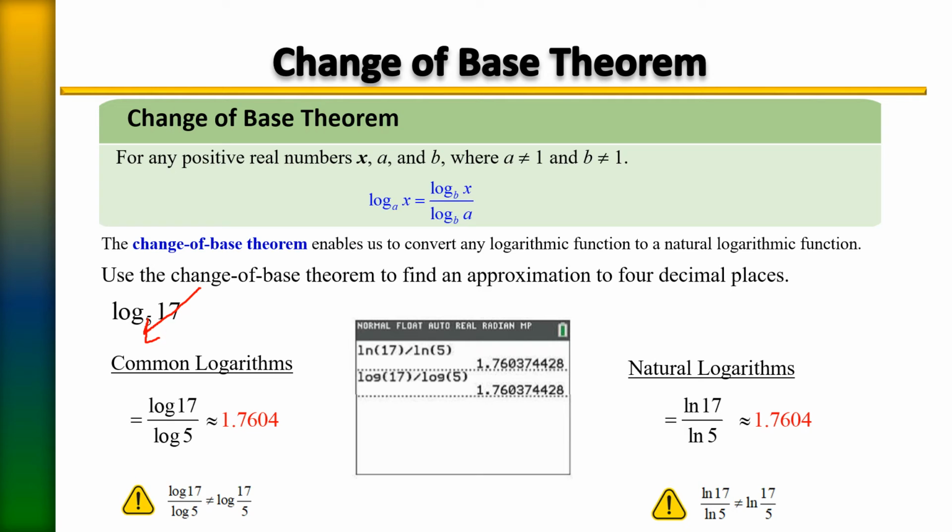You need to be typing in the common log of 17 over the common log of 5, or the natural log of 17 over the natural log of 5. Because for some calculators, if you just type in the log and then type the fraction itself, you may get a different value, which is not the correct answer.